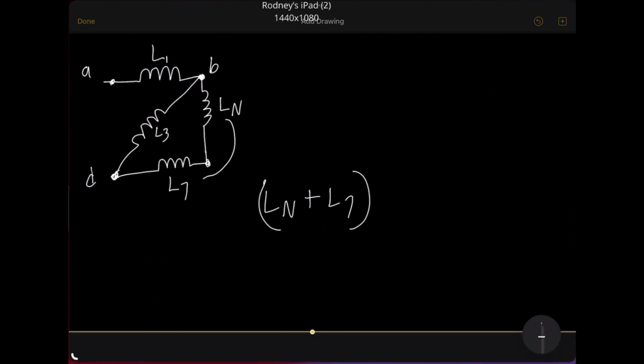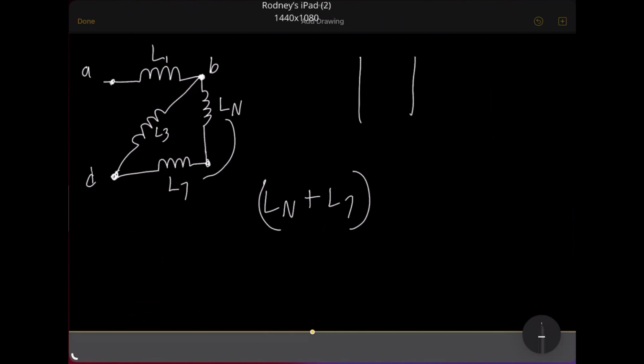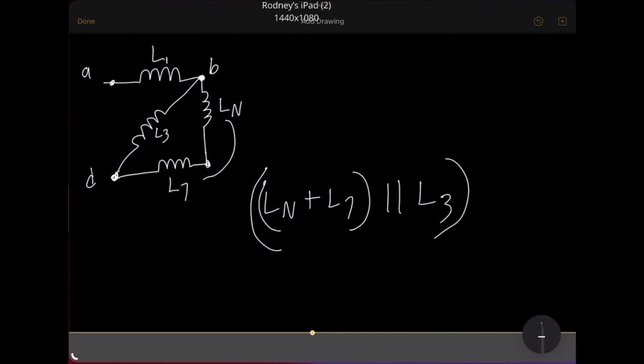It's over here and it's over here. So they're going to be in parallel. It's going to be in parallel with L3. That result. And then you're going to have one single inductor at the end. After combining all those three, you're going to get something like this.